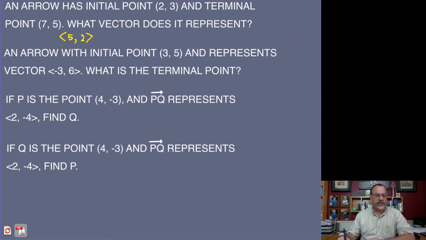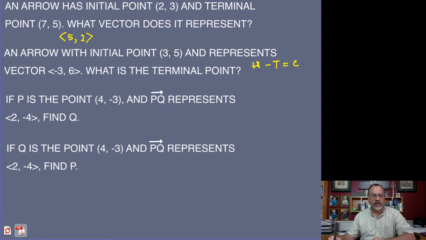Okay? Let's take a look at the second one now. Here we have an initial point of 3, 5, and I'm given the components of negative 3, 6, so what's the terminal point? Remember, it's simple algebra here. The head minus the tail gives me the component. If I want to find the A component, I simply substitute in.